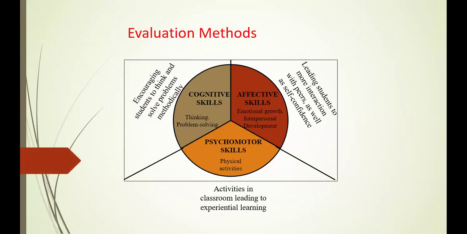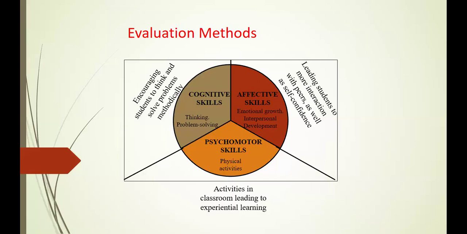So we can find the physical involvement in this psychomotor domain. So here also, Dave, Kibler, and Simpson have shown about 7 levels.